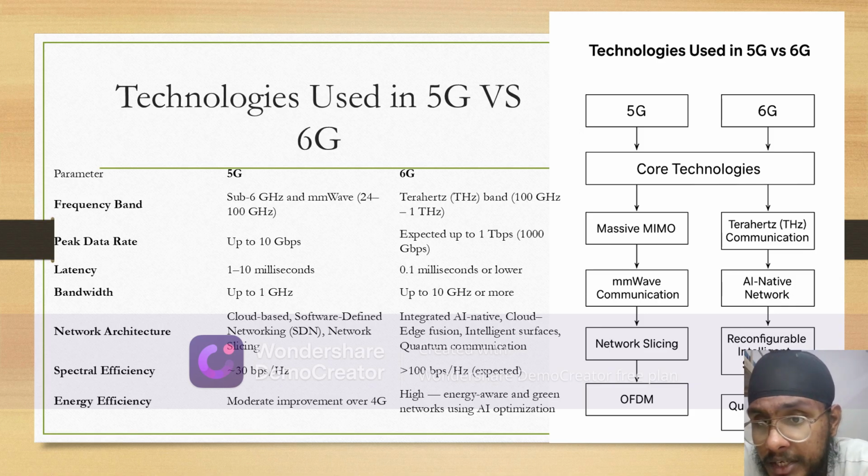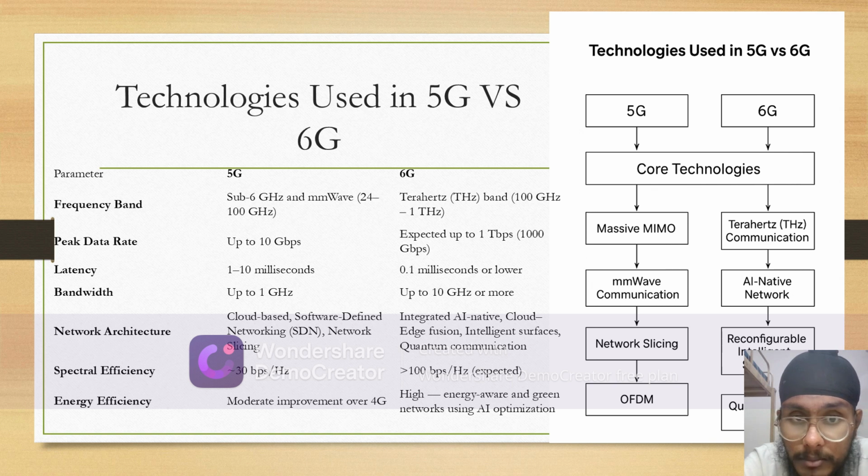And the peak data rate parameter of 5G is up to 10 Gbps, and the peak data rate parameter of 6G is expected up to 1 Tbps.